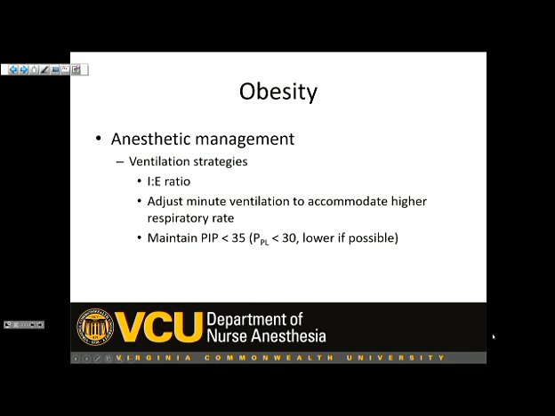It's the IE ratio. For whatever reason, that's what we were using: time-triggered, time-cycled vent modes. And in that setting, you could talk about IE ratio because the breath-to-breath interval is uniform. It just keeps giving the breaths, so you can talk about IE ratio because the I times are not variable.